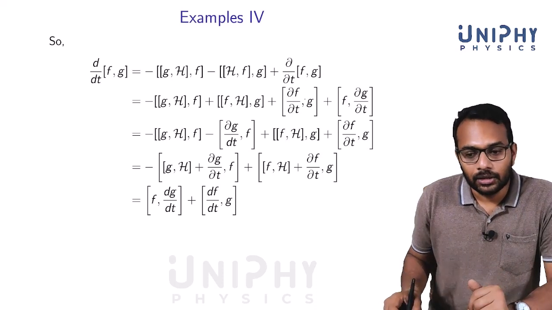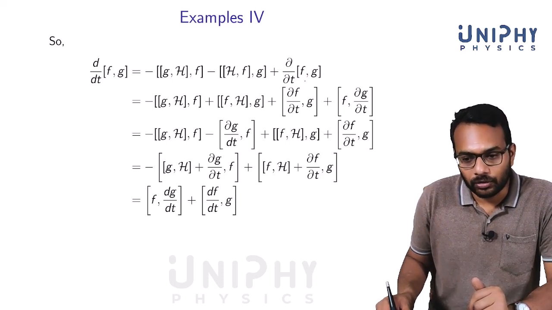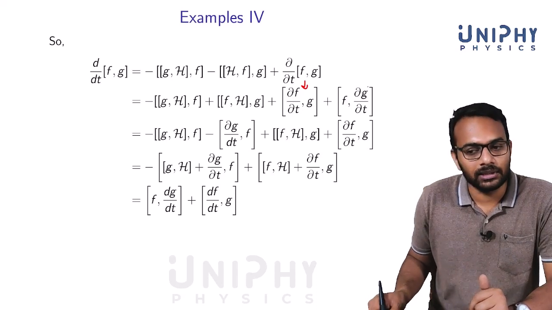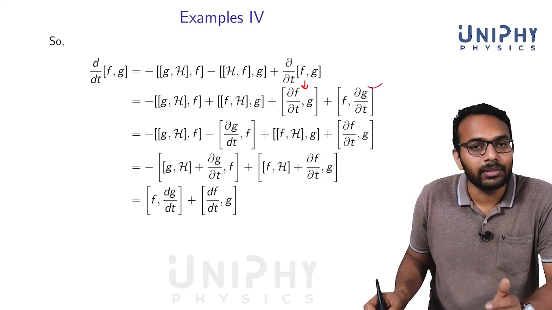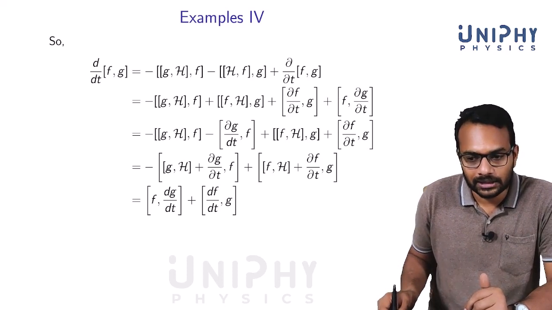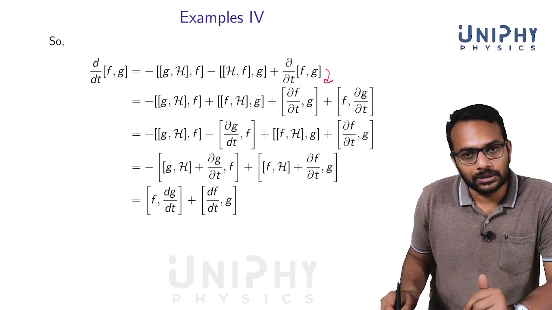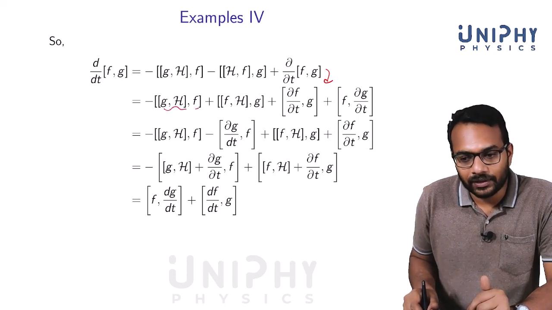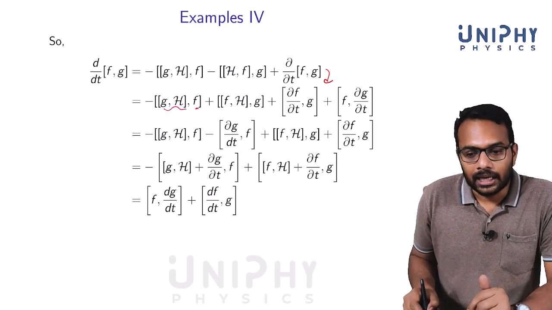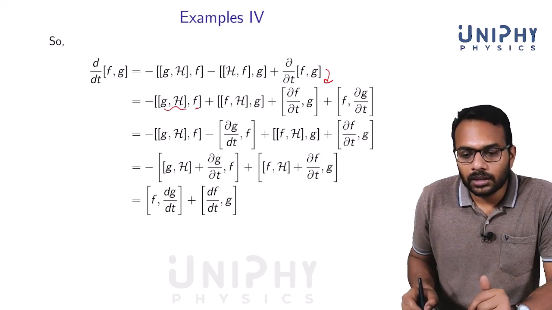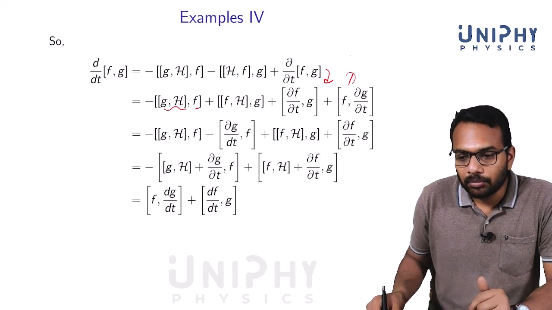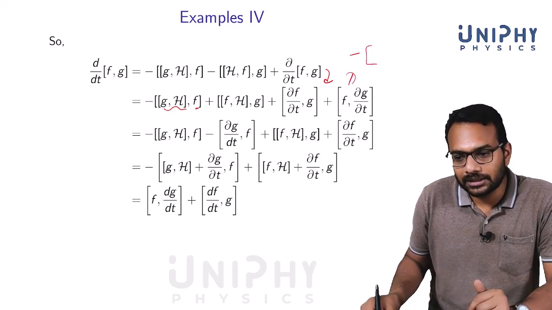Now what do we do? This dou by dou t of f comma g, we already know that it's dou f by dou t comma g plus f comma dou g by dou t. This was our previous result, and in this step we only use this result. Now we see that there is a g comma h with f here. What else do we have? This term can be written as minus, because of the antisymmetry, minus dou g by dou t comma f.